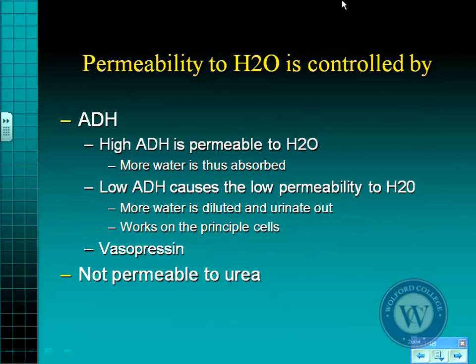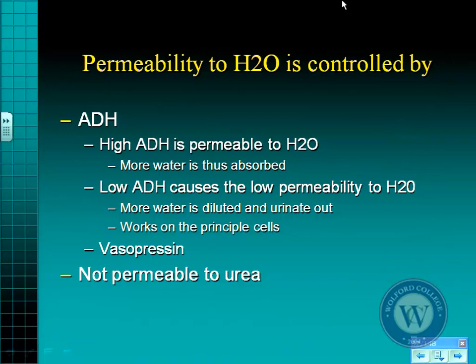To open the doors, to let the water out, I have to add something to open the doors. I have to have a key to open the doors. The key that opens the doors mostly is ADH, antidiuretic hormone, okay? What it does basically is it opens the doors to let water go out from the urine.